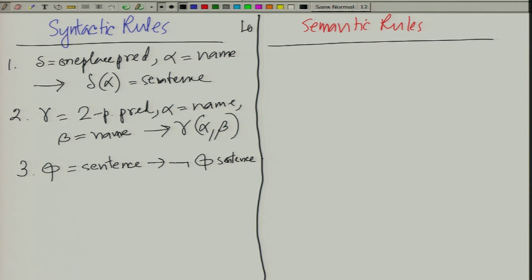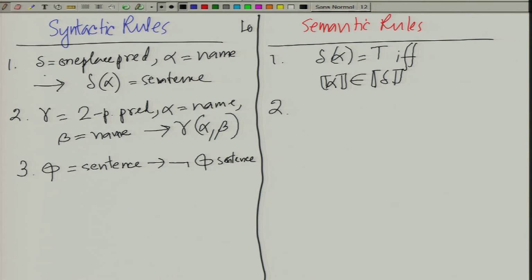Corresponding to these three rules, you have semantic rules. You have to have their corresponding semantic counterparts. For example, you have this rule which says that delta alpha, this phrase, is true if and only if the reference of alpha belongs to the reference of delta.